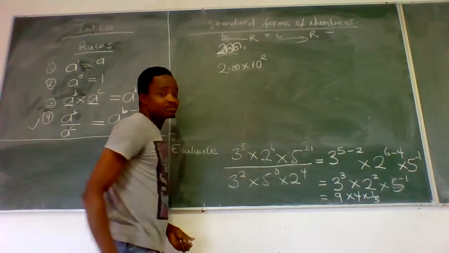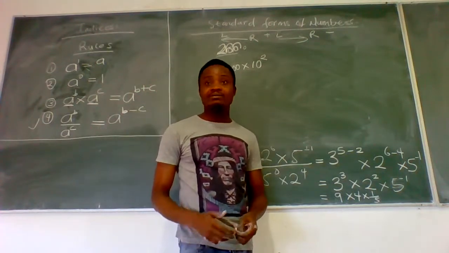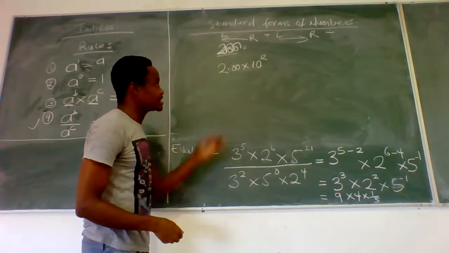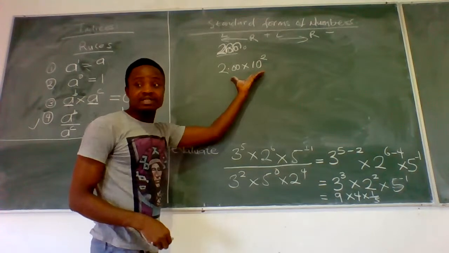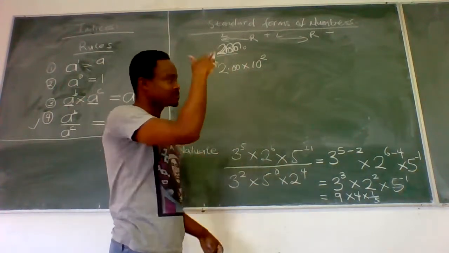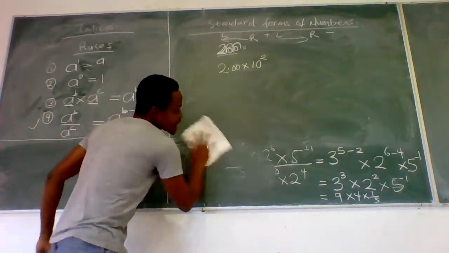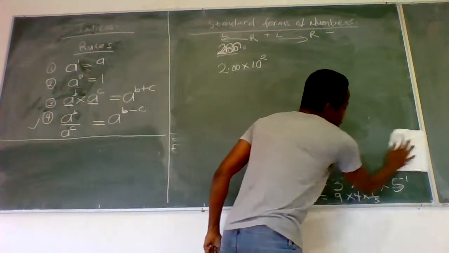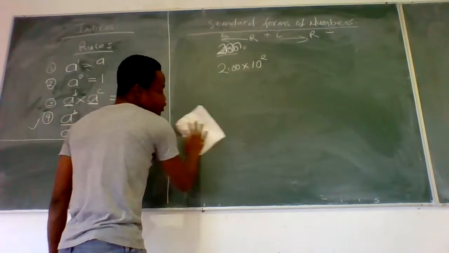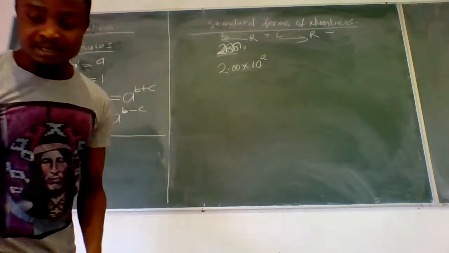But this one is a more accepted, more scientific way. Those who will be moving to science, chemistry, physics, like to write their results in scientific notation, let's say 2 point something times 10 exponent negative something. Most of the time you may come across a huge number that you cannot write out explicitly, so you use scientific notation to simplify it.